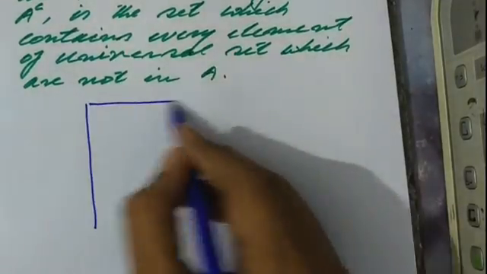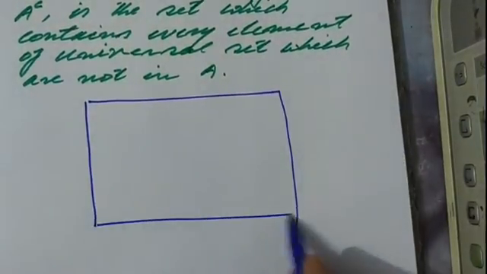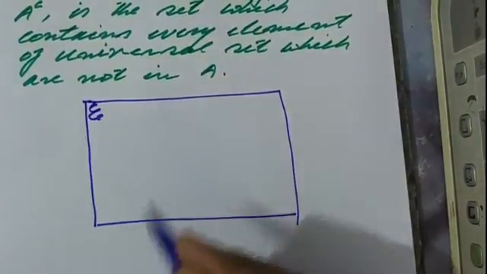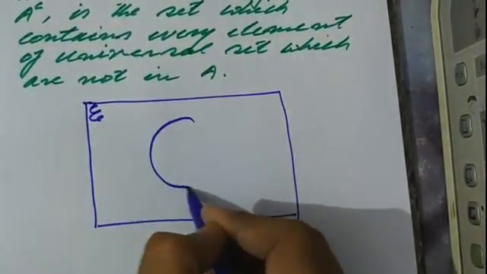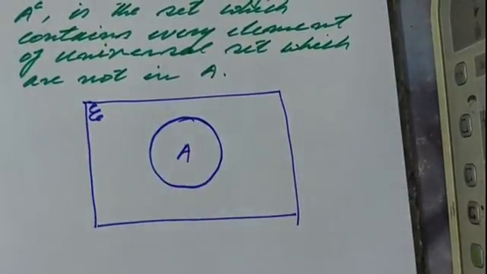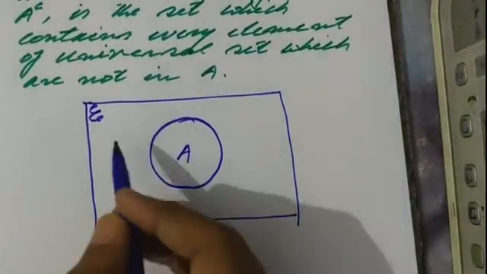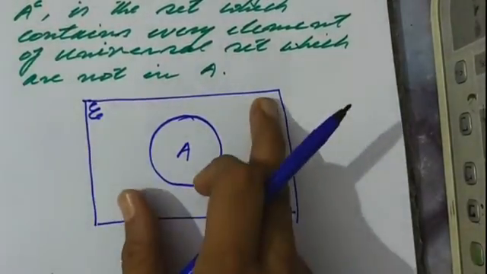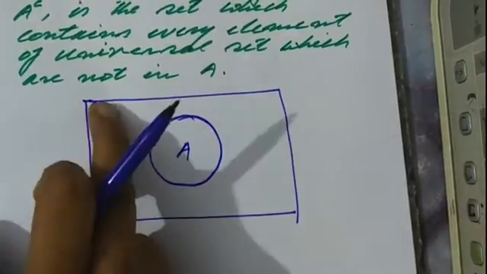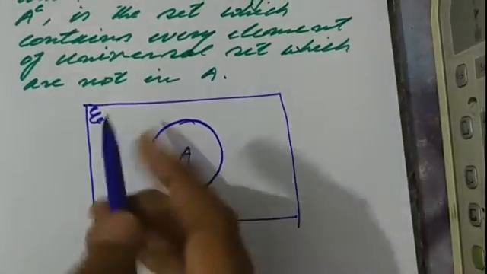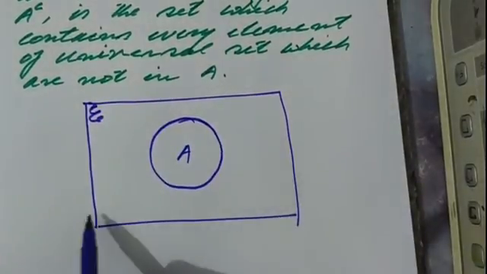So let's take a Venn diagram. So rectangle shows universal set psi, and we take one circle denoting the set A. So we shade the whole universal set excluding the set A itself. So this portion outside A we have to shade.